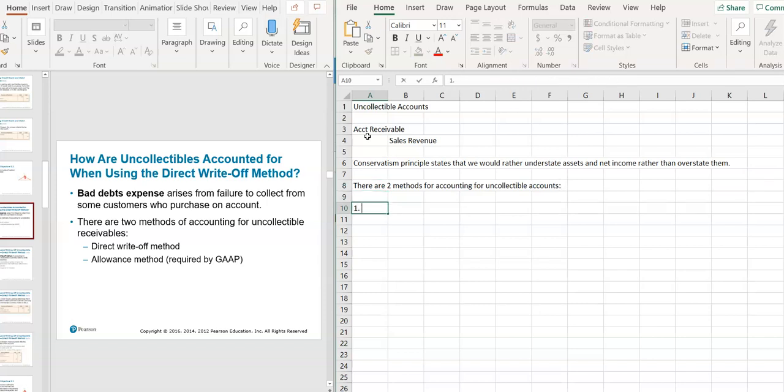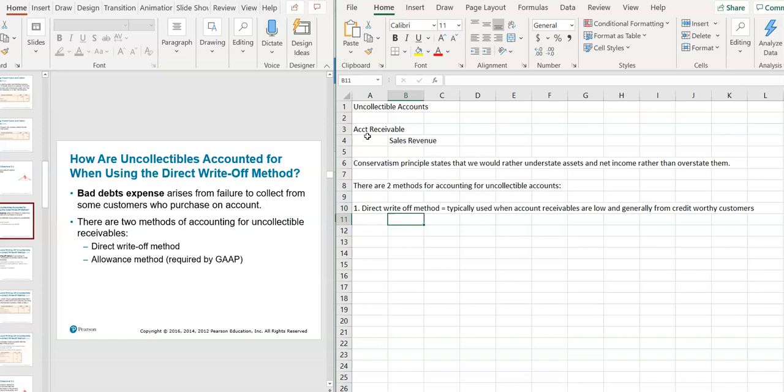The first method is the direct write-off method. This method is typically used when account receivables are low and generally from credit-worthy customers.